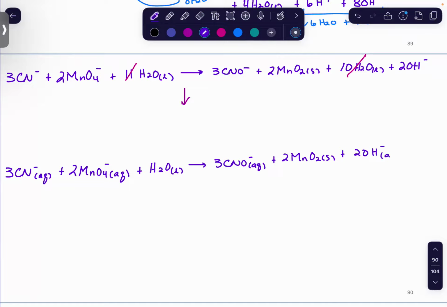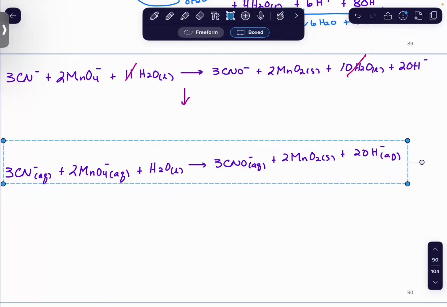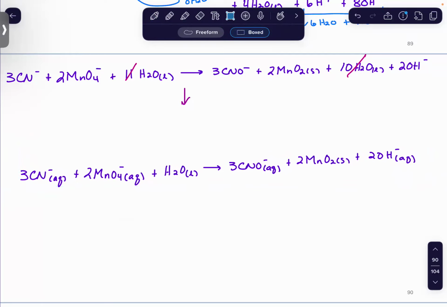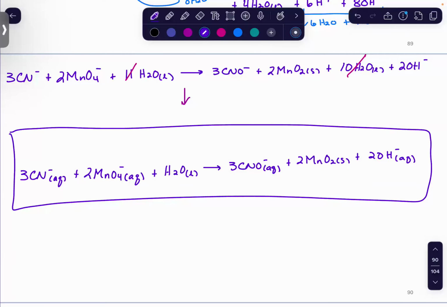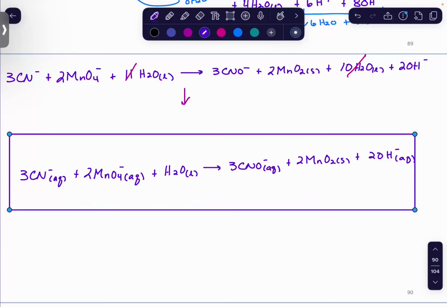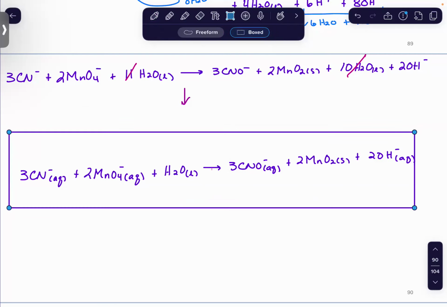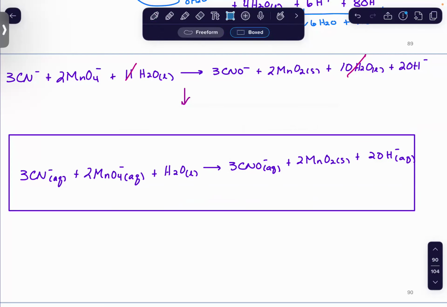It's an ion, so it's aqueous. And there's our final answer. Yeah, you did it. There we go. That is our final answer. And you'll notice that this is in basic solution, so we ended with excess hydroxides and no protons.